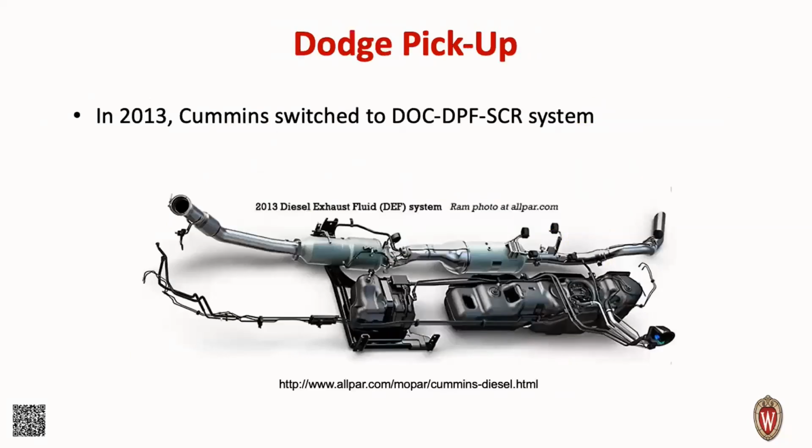And in 2013, Cummins switched to a DOC DPF SCR system in the Dodge pickup. So this is what we think of as kind of the typical arrangement: DOC, then DPF, then SCR. That's why I sort of showed them to you in that order.